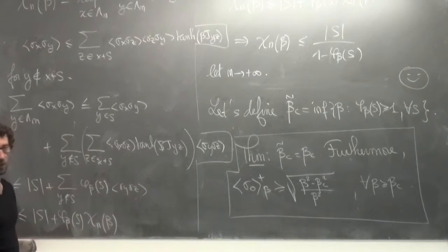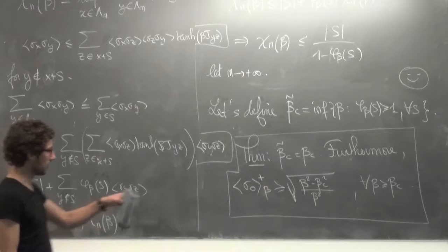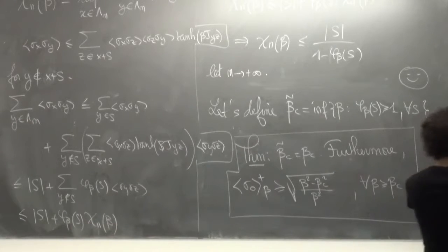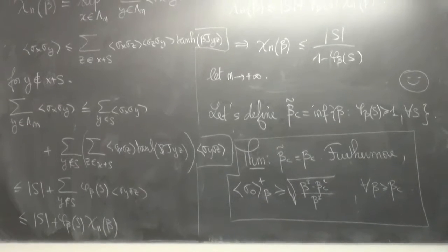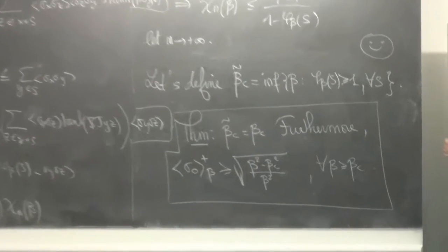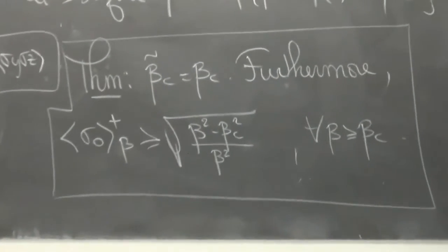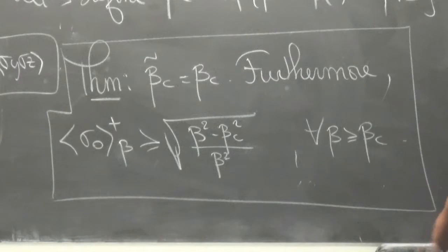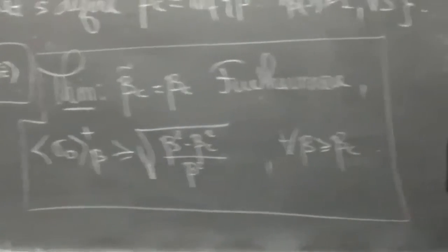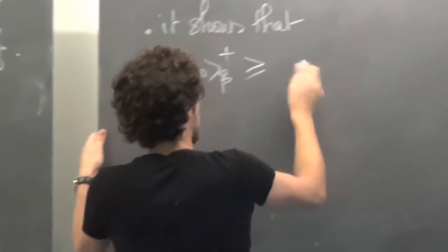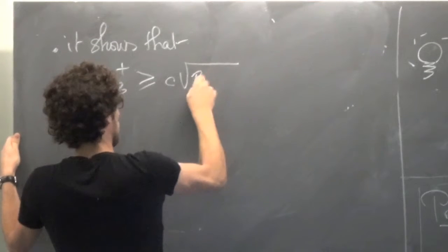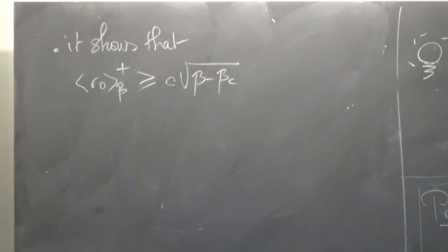What is the important thing on the second one is that, so let me give you a few remarks before diving into the proof. So first remark is that it shows that <sigma_0>_beta^+ grows like, larger than a certain constant times square root of beta minus beta_c.